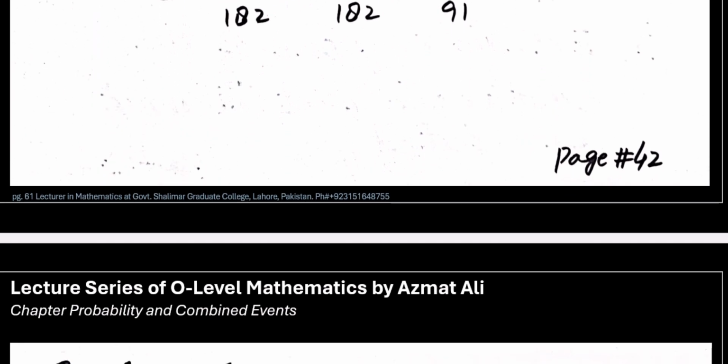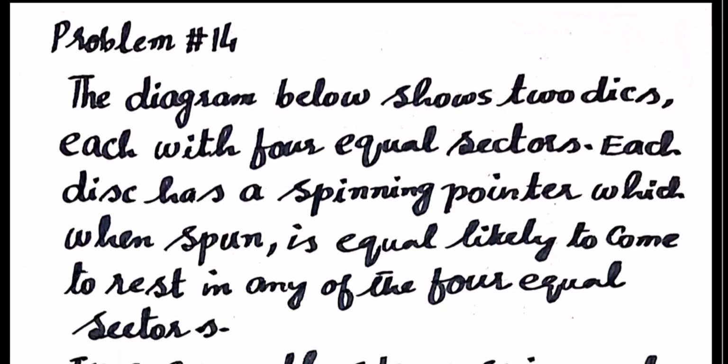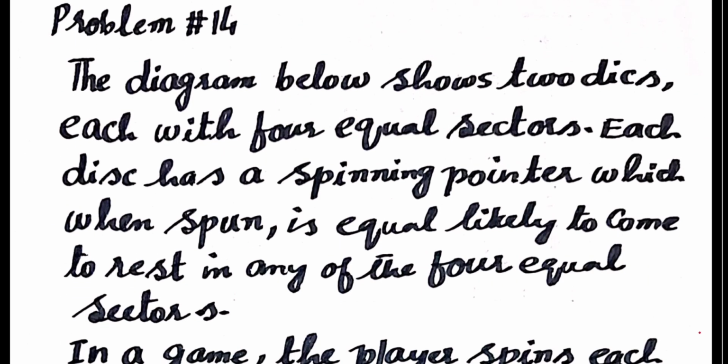Okay. Next we are going to discuss the last problem of today's lecture, and this is also very interesting. You can find this problem in your past paper. The diagram below shows two discs, each with 4 equal sectors.